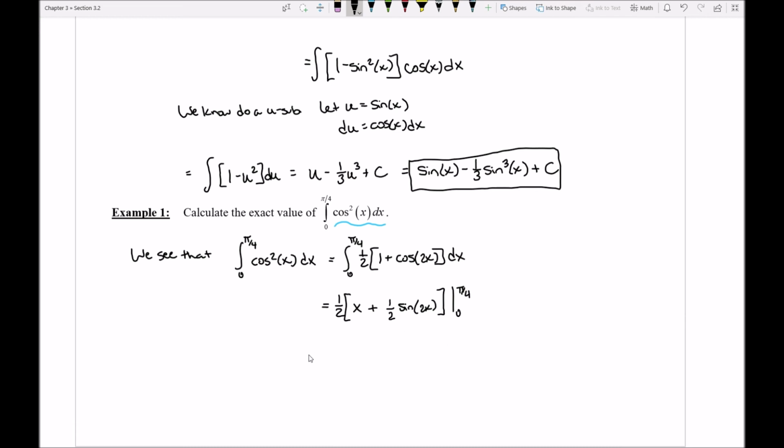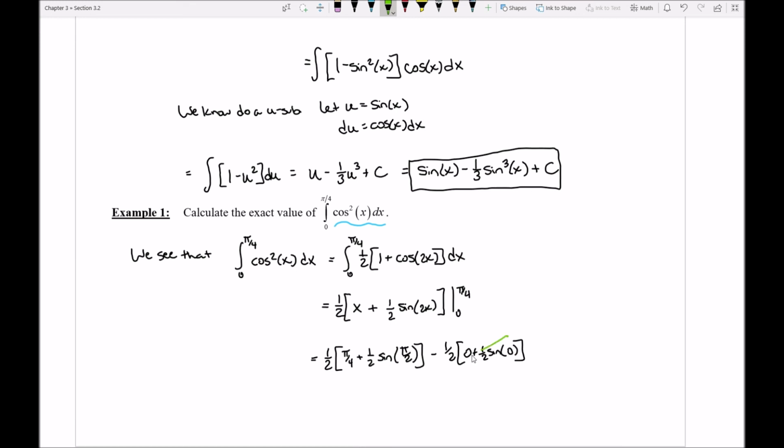Okay, so now that I'm here, I can easily go ahead and start my evaluating. So let's see, I'm going to have a 1/2 times pi over 4 plus a 1/2 times, let's see, if I double pi over 4, I'm going to get pi over 2. And then if I plug in 0, let's see, 0 plus a 1/2 times the sine of 0. Well, if I look at that, everything over here at the back is pretty much just 0, right?